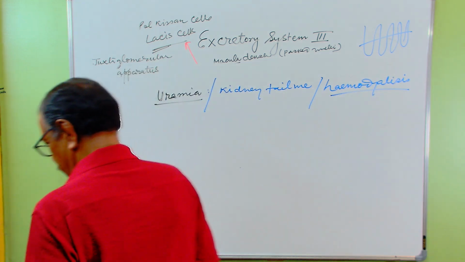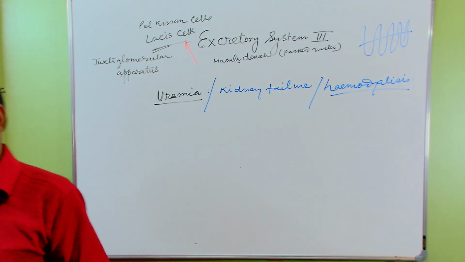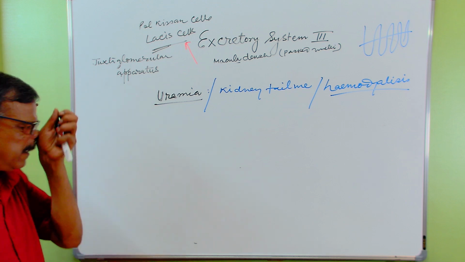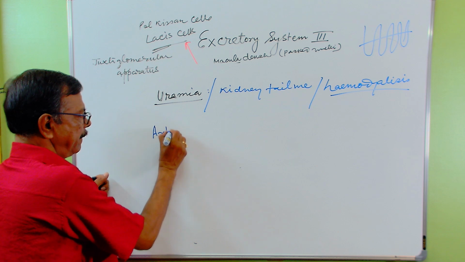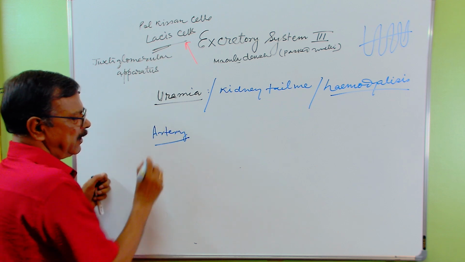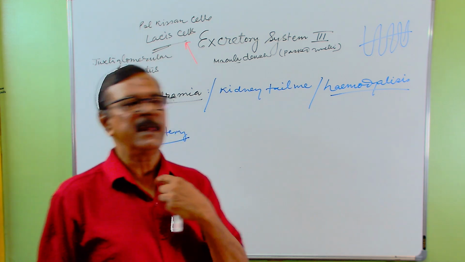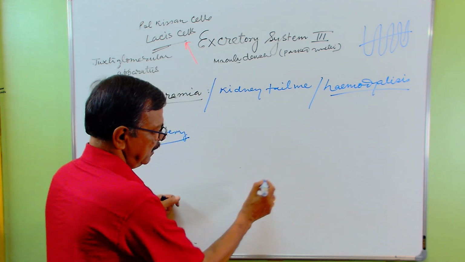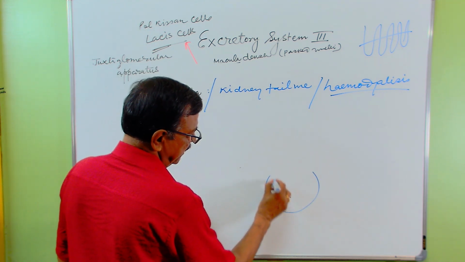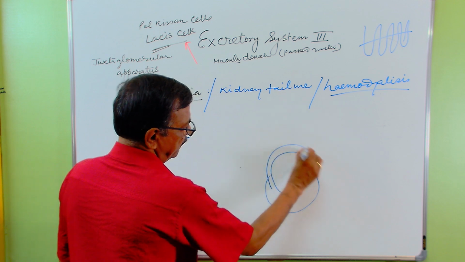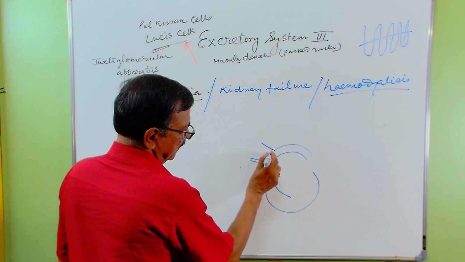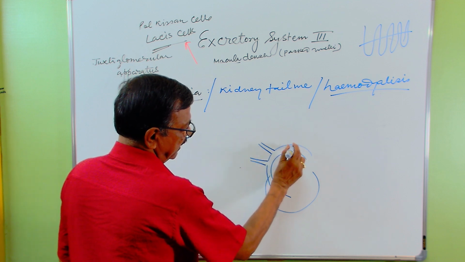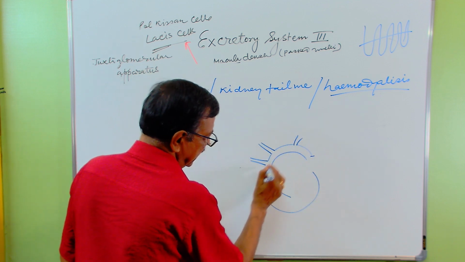hemodialysis. Hemodialysis means dialysis. How is it done? It is from an artery. Usually now it is done from the brachial artery. You will see whenever it is going out, it gives out the subclavian, carotid, internal carotid, so many arteries.